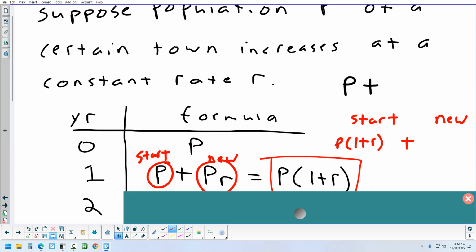You can answer that very generally. What do you do with the start to figure out the new? You add P R. Well, that was only for year 1. We added P times R, but in general, to get the new, take the start and do something to it. Multiply it by R. Yes. Take the start and multiply it by R.